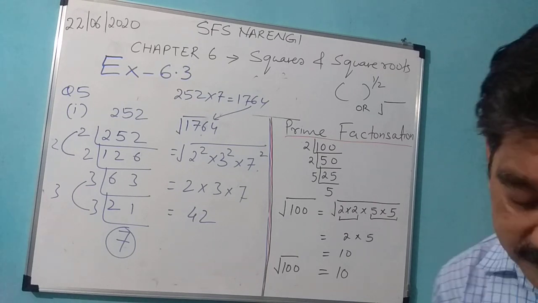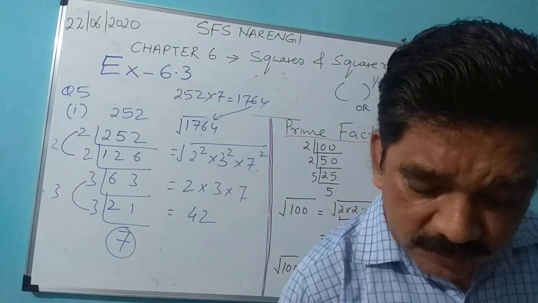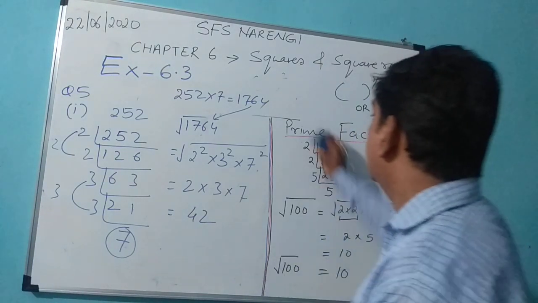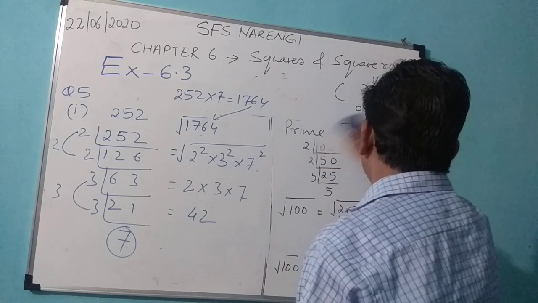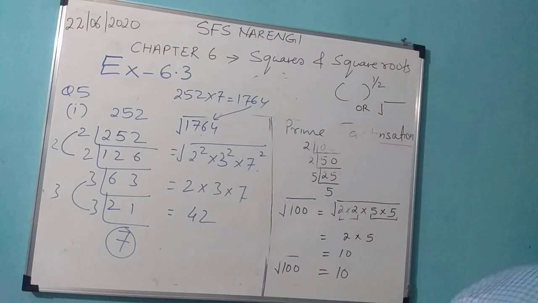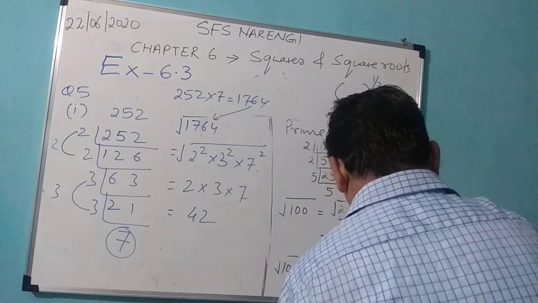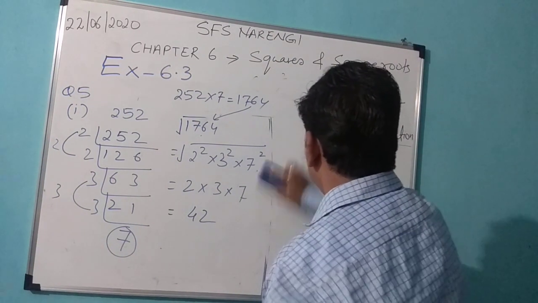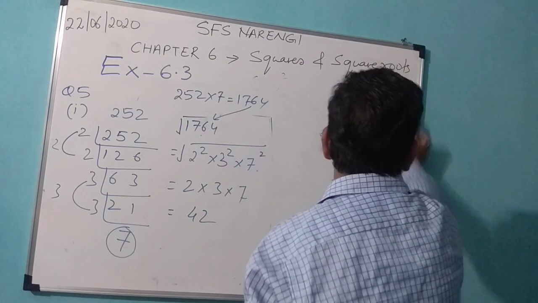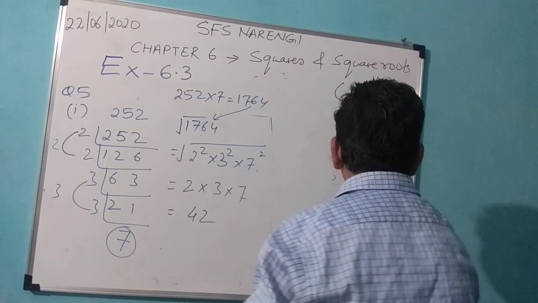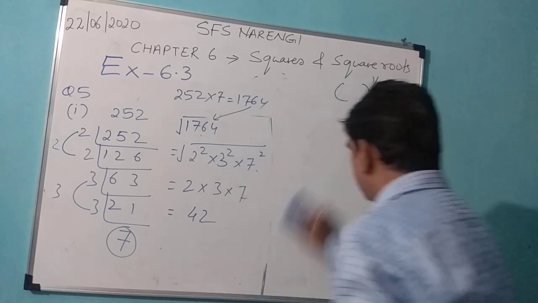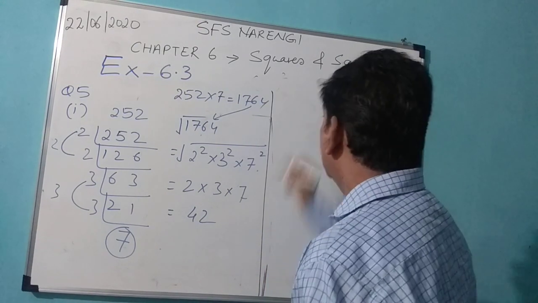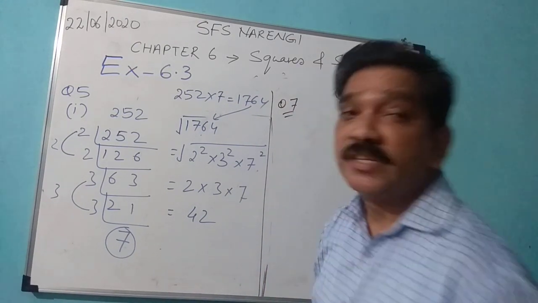Now question number 8 is, there are 2025 plants to be planted. Now question number 7.